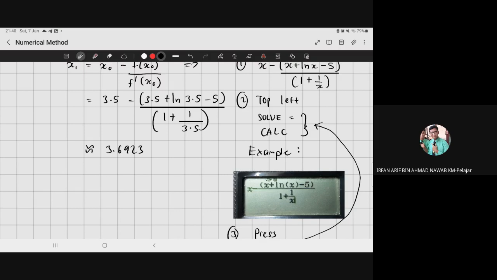All right. But let's assume for this question we just use 4 decimal places, but the more the merrier. There is no issue with it.